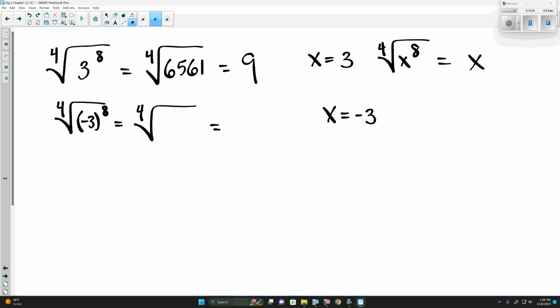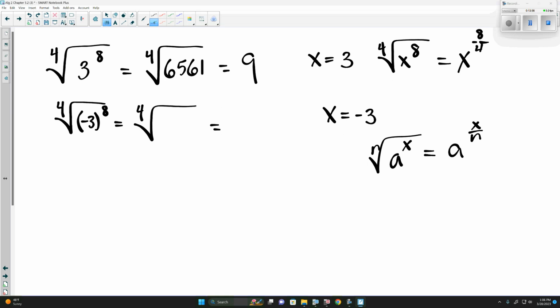3 squared, yes? Now, if we did it here and worked it out with fractional exponents, this again is coming from the nth root of a to the x is equal to a to the x over n, and we'll use this again in class later on. It's saying that we have 8 over 4, yes?